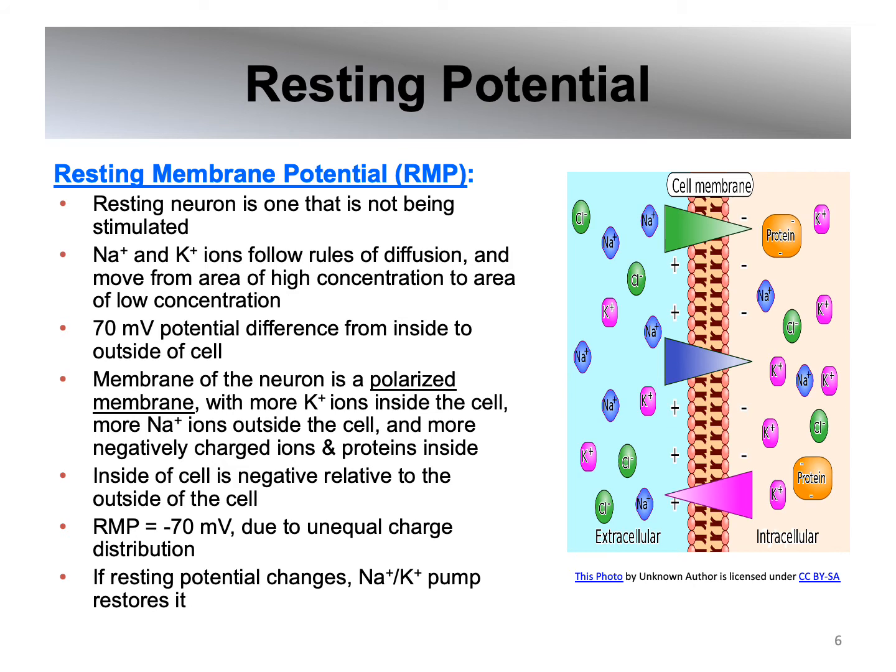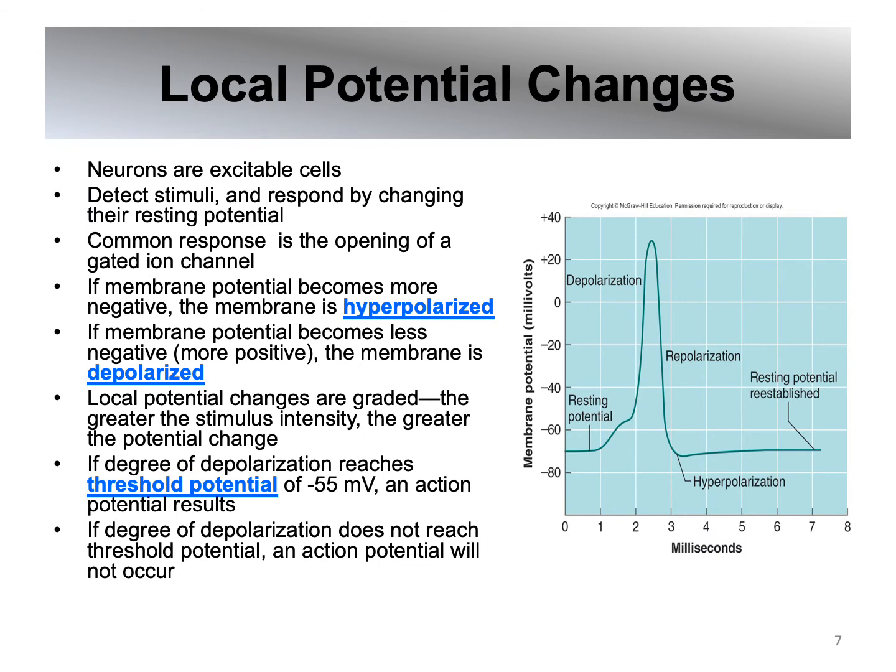If the resting potential changes, the sodium potassium pump will come and restore it. But remember, sodium potassium pump is an active transport and requires energy. Neurons are excitable cells. They detect the stimuli and respond by changing their resting potential.